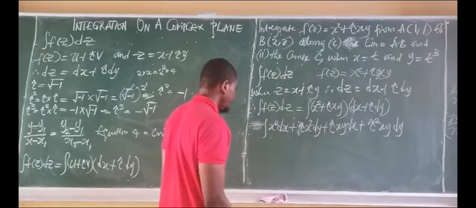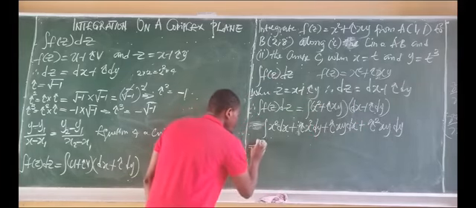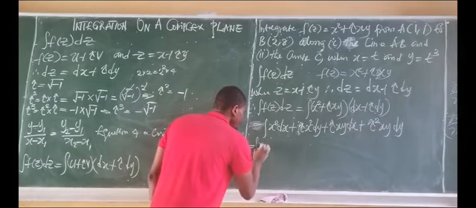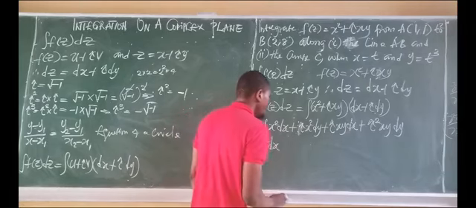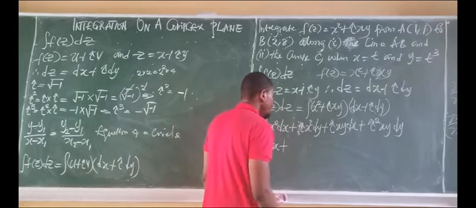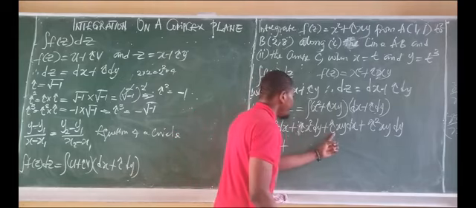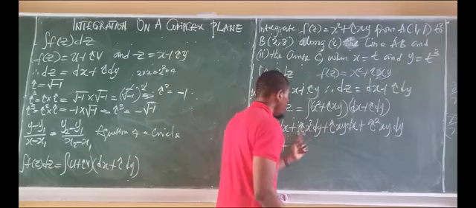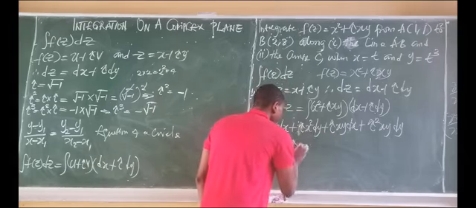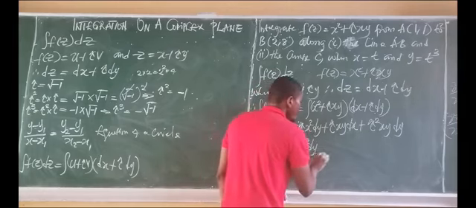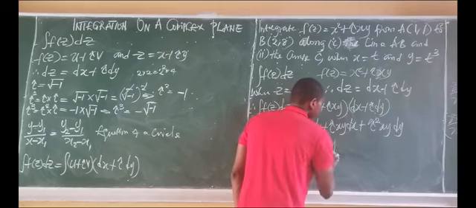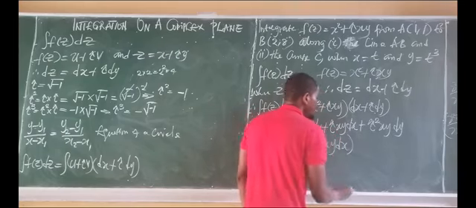So this is equal to integral x squared dx plus, here we have i common between these two, so we can factor i into x squared dy plus xy dx.